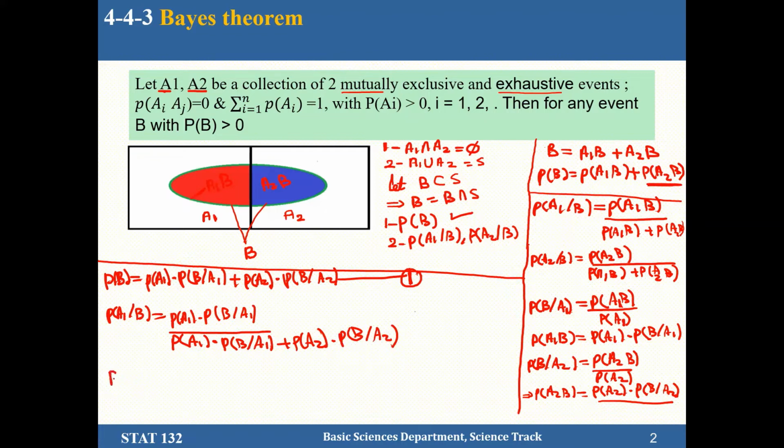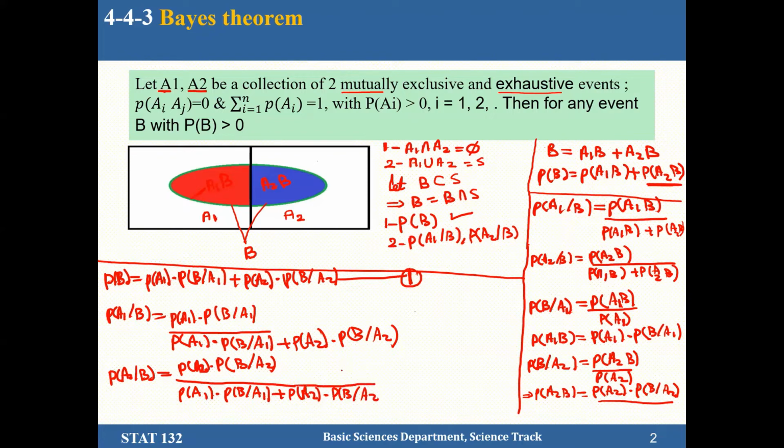Similarly, P of A2 given B equals P of A2 multiplied by P of B given A2, over P of A1 multiplied by P of B given A1 plus P of A2 multiplied by P of B given A2.